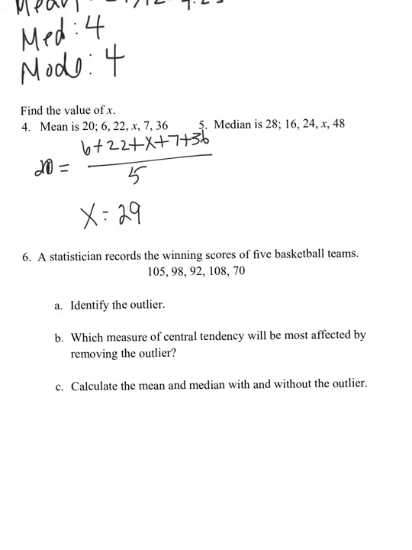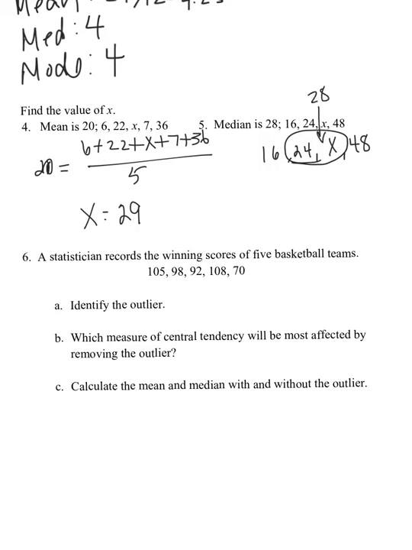The median is the same thing. The median is a center point in a data set. So if you know your median is 28, that means that 16, 24, x, and 48. That means that in here, that median, that middle value has to be 28.